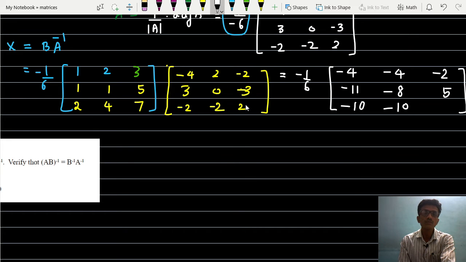Then third row into third column: -4, -6 and plus 14, so it is -2.